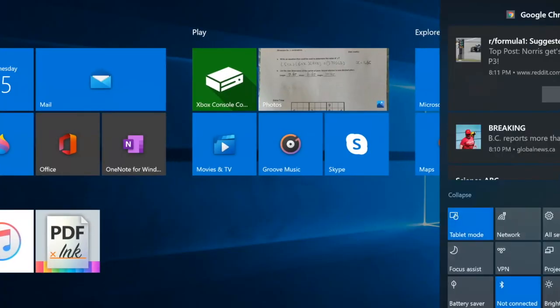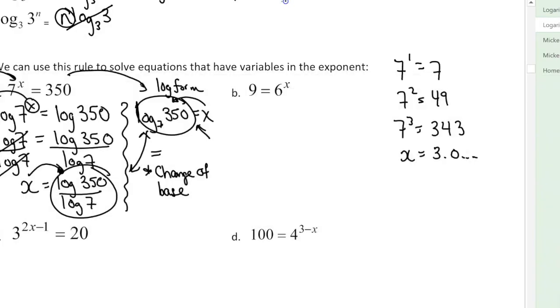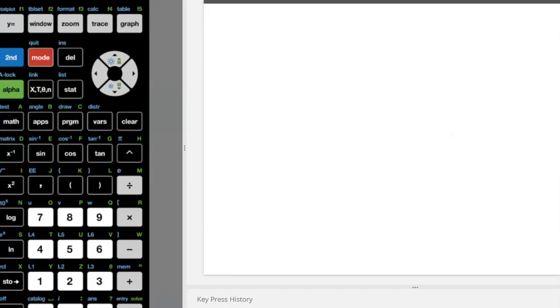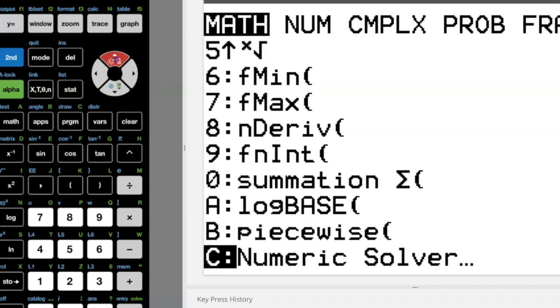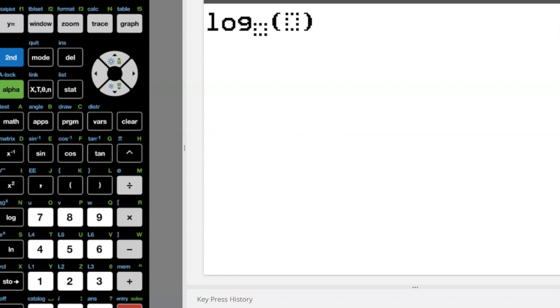Now, most of you have a TI-84, and if that's the case, then you have a couple ways to do this. So the best way is to press math, go up to log base, click on the log base, and lo and behold, you can type in all the logs that you want.